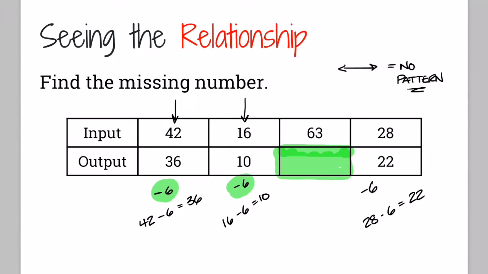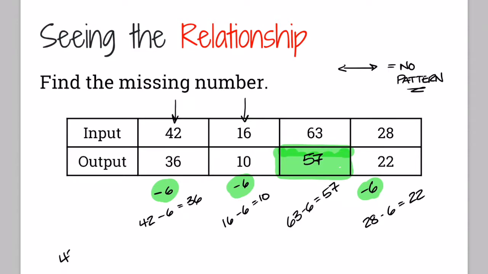So we can assume, because they're all like that, 63 minus 6 is going to equal 57, and my missing number is 57.